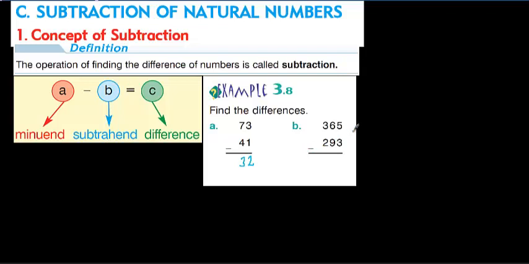Here, this is the second exercise. From 5, when you subtract 3, it's going to be 2. And in this case it is important, because from 6, 9 is not possible to subtract. So you should borrow 1 from the tens. When I get 1, this number becomes 16.